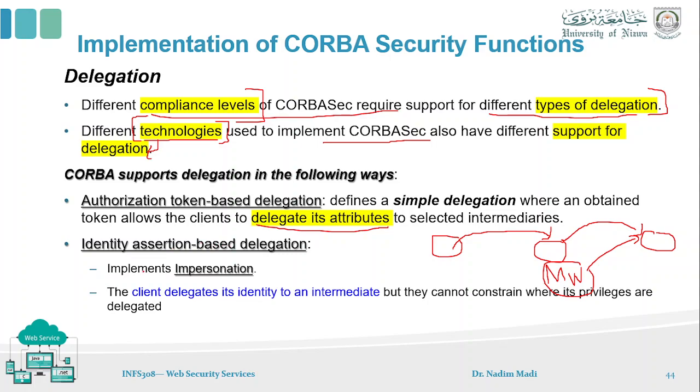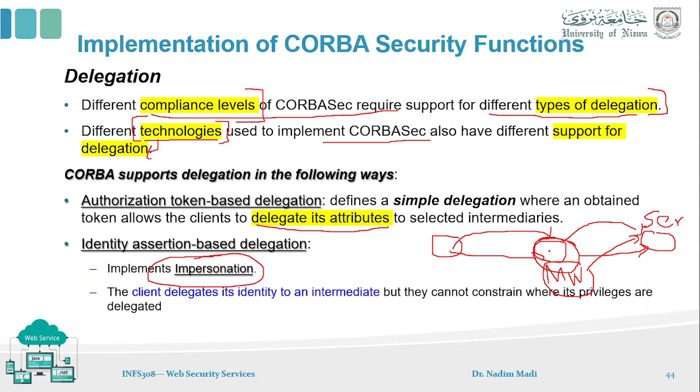Then there is assertion-based delegation. Here this is a matter of impersonation. We call this composite delegation, where the client sends its credentials, and the middleware acts as a client when communicating with the server.